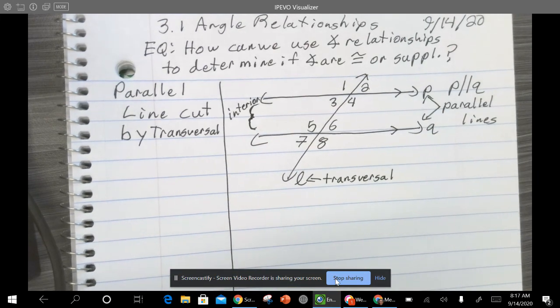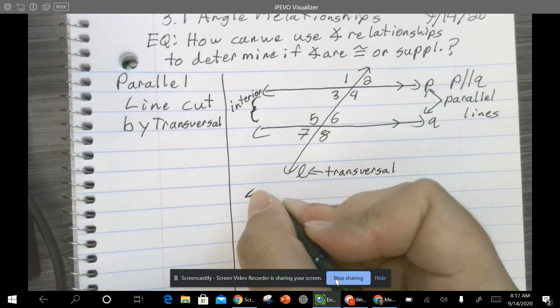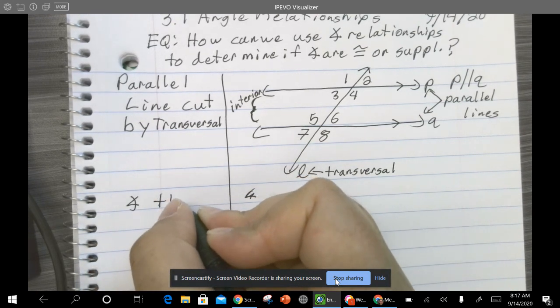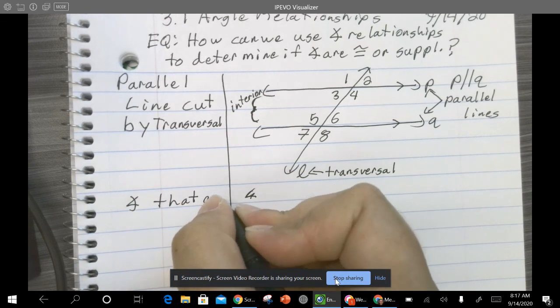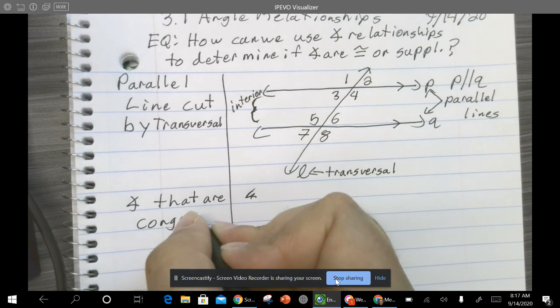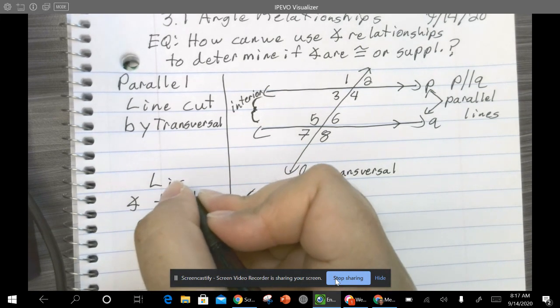Okay, so angles that are congruent, and we're going to say list those congruent angles.